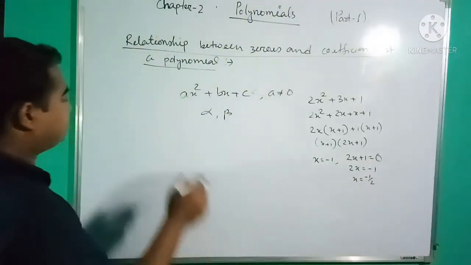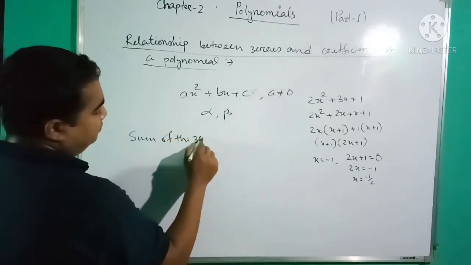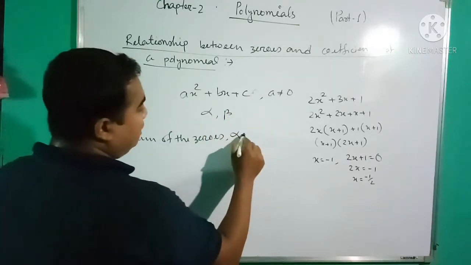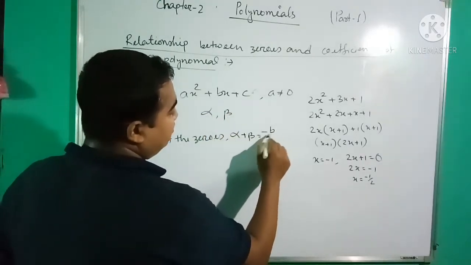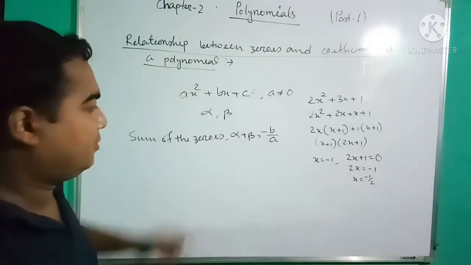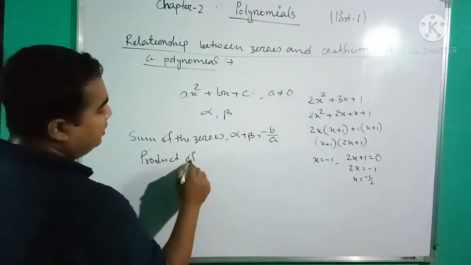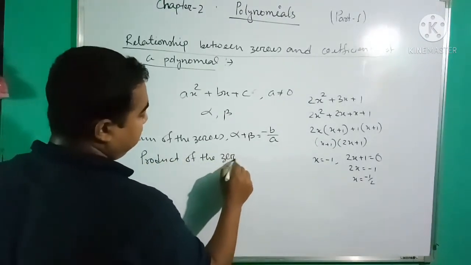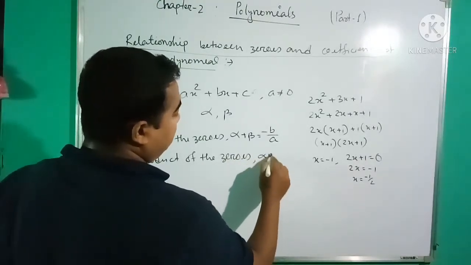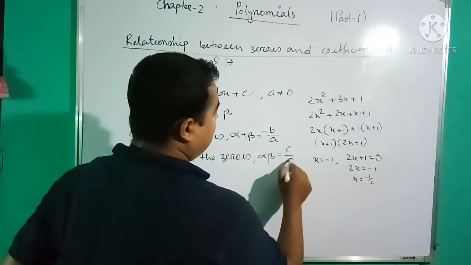Okay, then the sum of the zeros, means alpha plus beta, equals minus b by a. And the product of the zeros, alpha into beta, product meaning multiply, equals c by a.